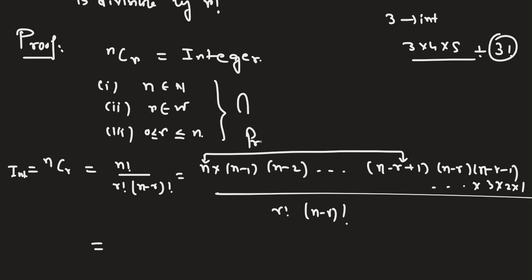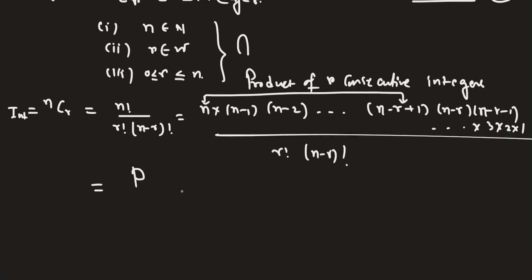Product of r consecutive integers. If I write it by the notation P, the remaining part is nothing but n minus r factorial, divided by r factorial into n minus r factorial, because 1, 2, 3 up to n minus r in factorial notation is n minus r factorial.